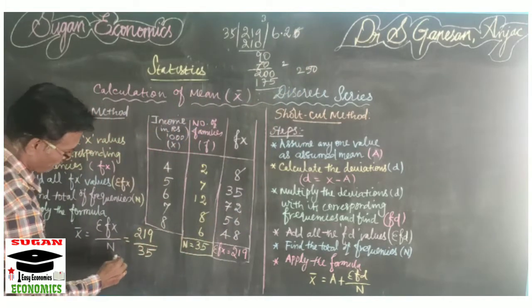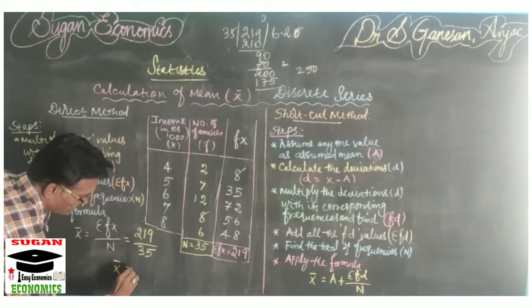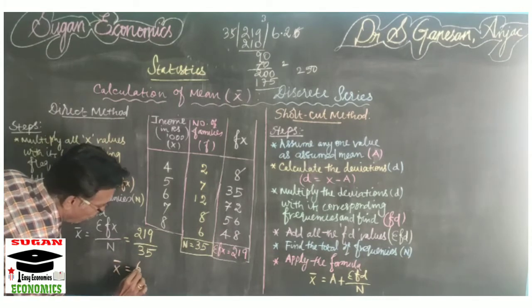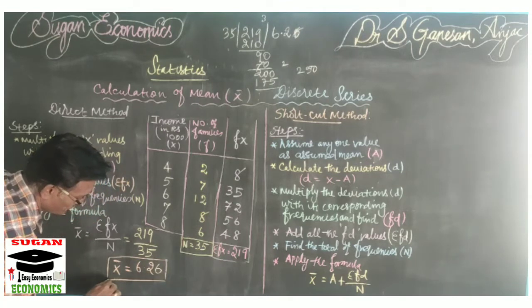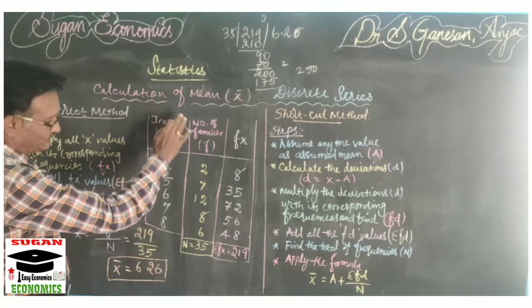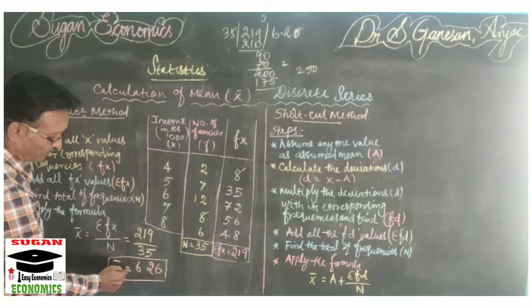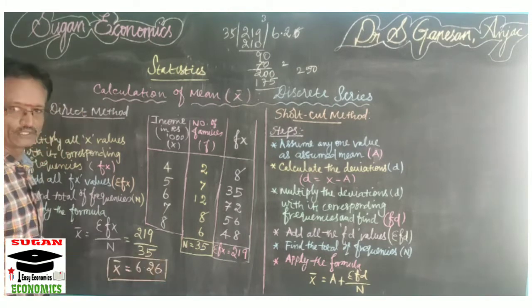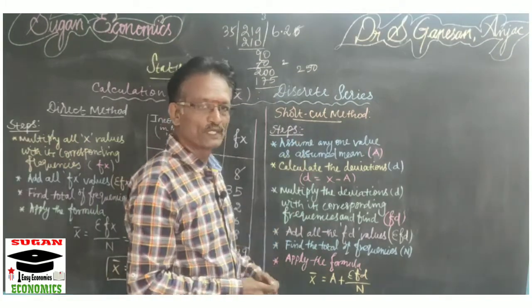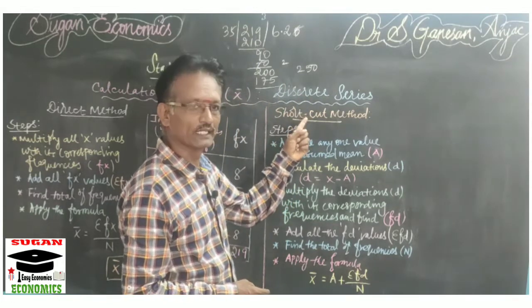So the x bar value is equal to 6.26. It means the average income of the 35 families is rupees 6,260. Are you clear?